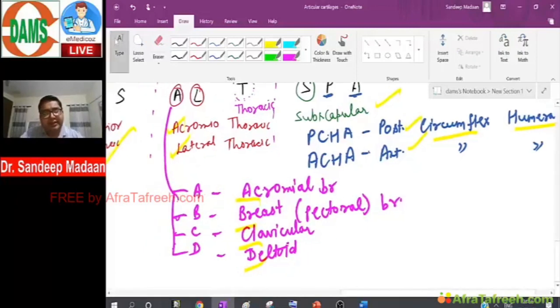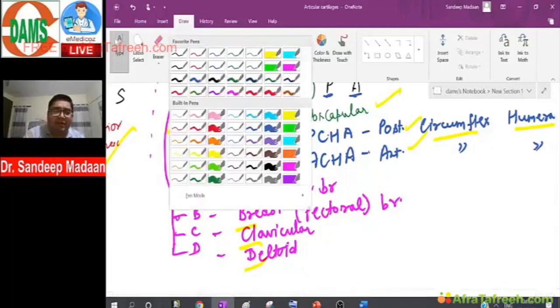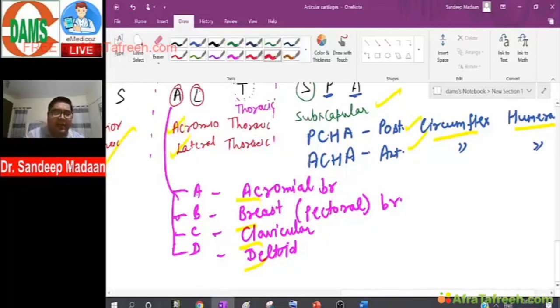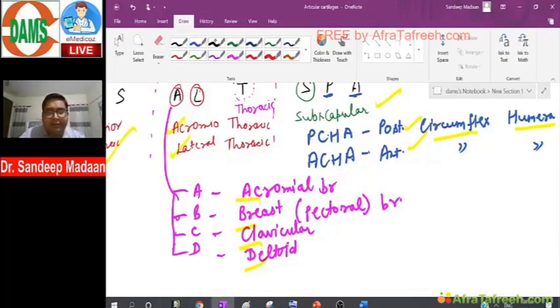For those who have already covered the upper limb, are you understanding this? Those who have not, I totally understand that they are not aware of these terms. But do you really feel it is becoming a little bit easier now?